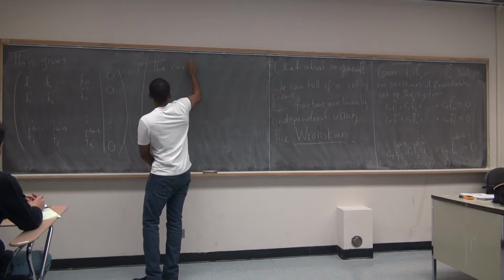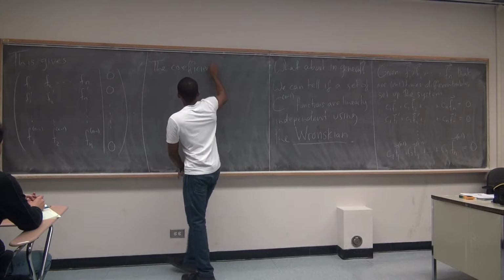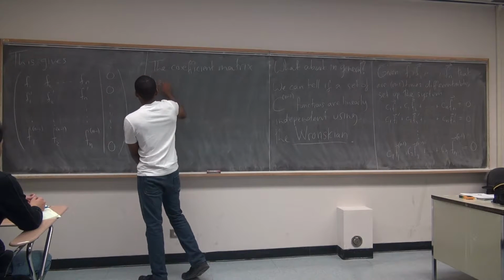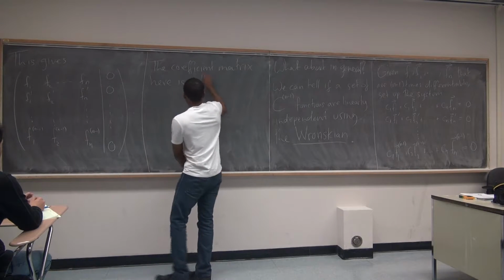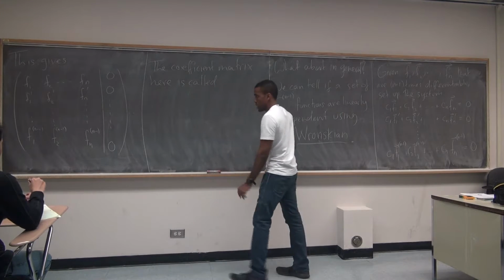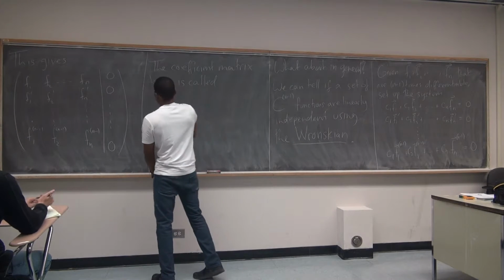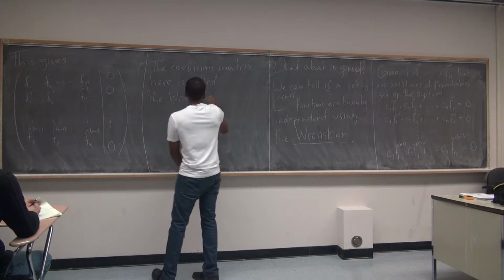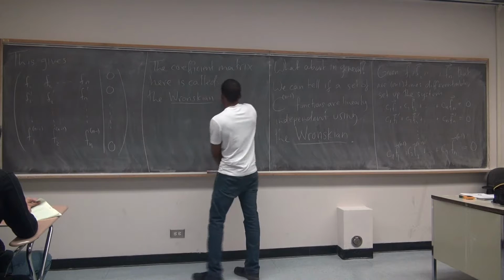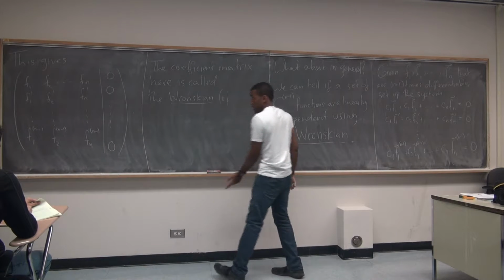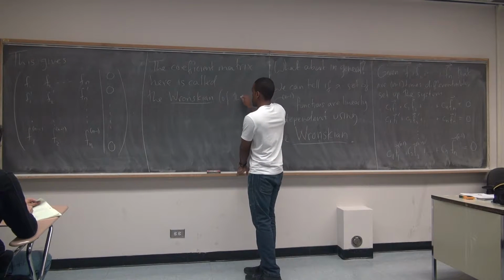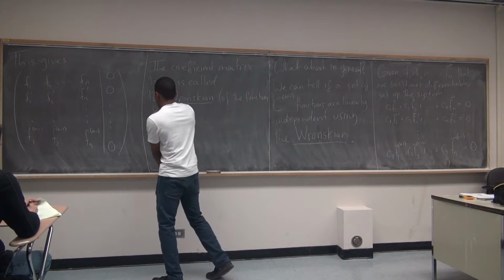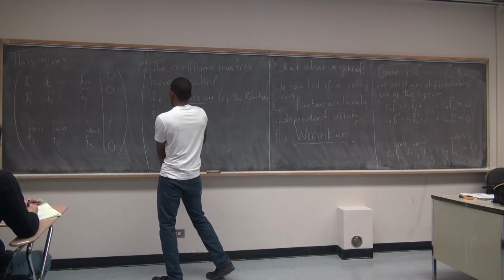The coefficient matrix here is called the Wronskian. It's named after the mathematician that came up with it, Joseph Wronski. And for emphasis, you can say it's the Wronskian of the functions f1 to fn.